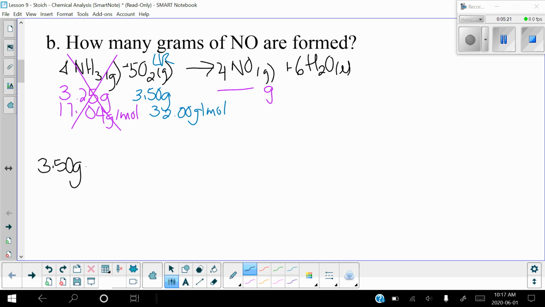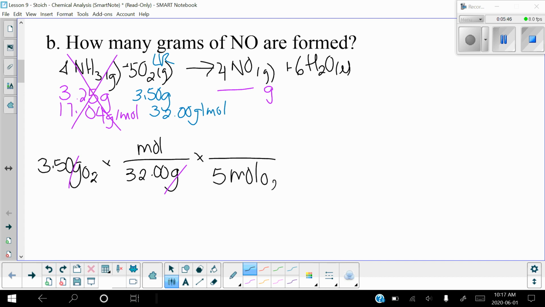3.5 grams of oxygen. We are then going to convert that into moles, 32 grams per mole. Once we have moles, we can then use our mole ratio, which will be 5 moles of oxygen to 4 moles of nitrogen monoxide.